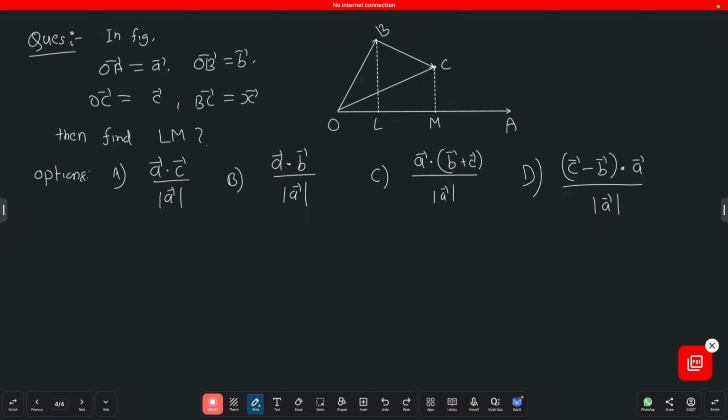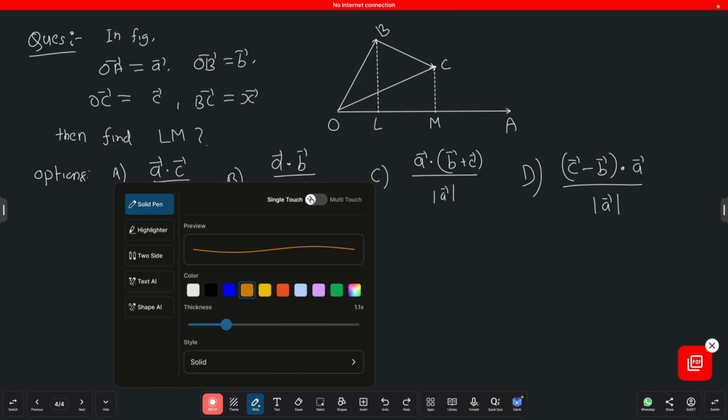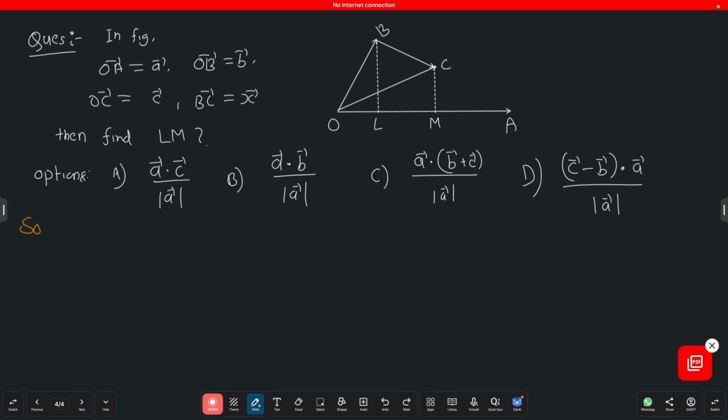Once you think about how to solve this problem, it's a very good question, one of the good problems in vector algebra.